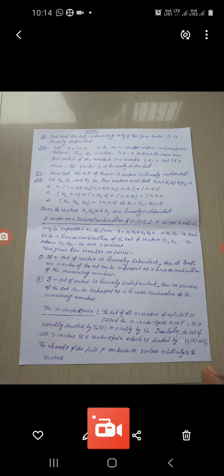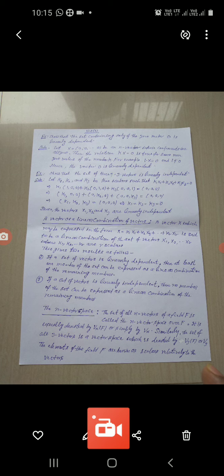This implies that k1 into x1, that is (1, 0, 0), plus k2 into x2, that is (0, 1, 0), plus k3 into x3, that is (0, 0, 1), is equal to (0, 0, 0). This implies (k1, 0, 0) plus (0, k2, 0) plus (0, 0, k3) is equal to (0, 0, 0).